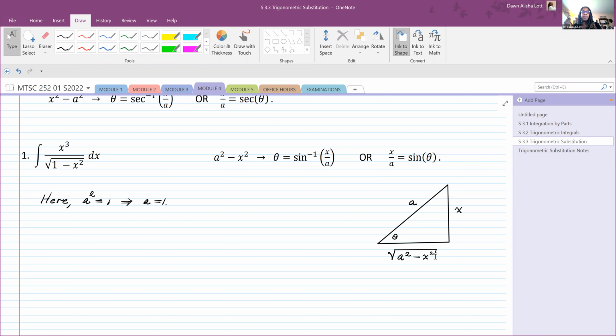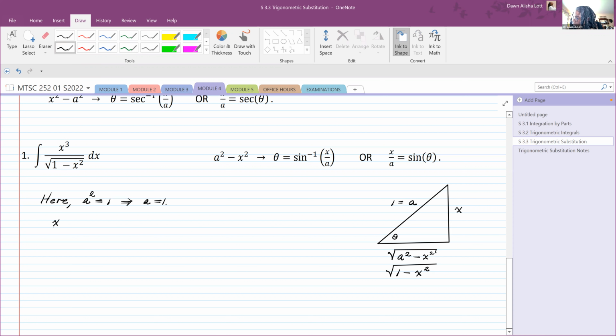Okay, so in our problem, we know a is 1. So I can write that this is equal to 1, and that this side is simply the square root of 1 minus x squared. All righty. So now I'm going to start with exactly that.